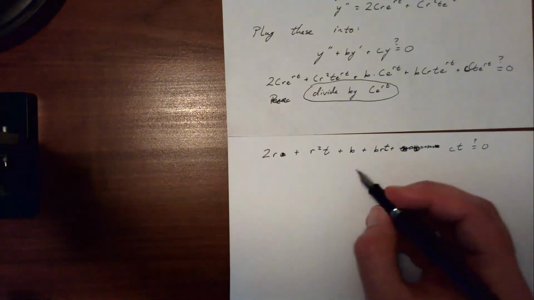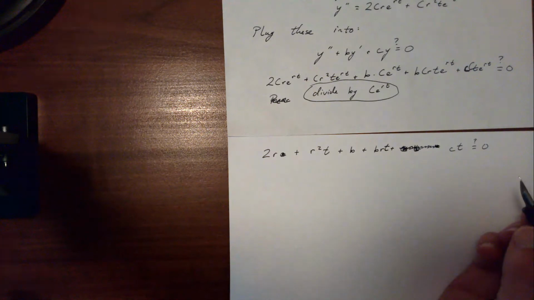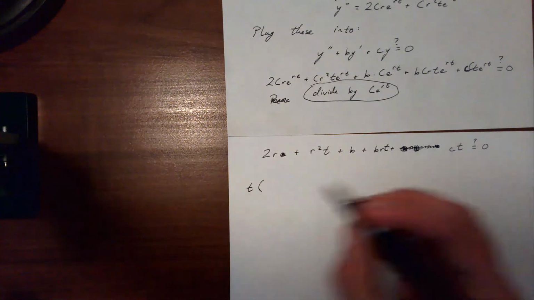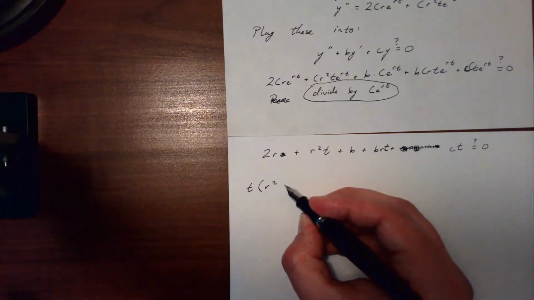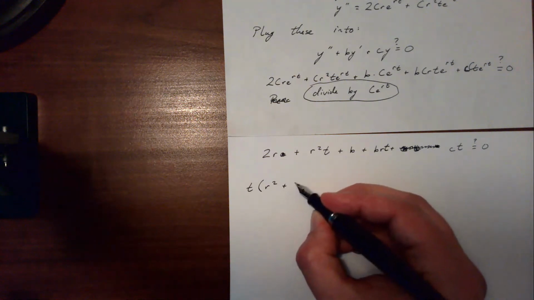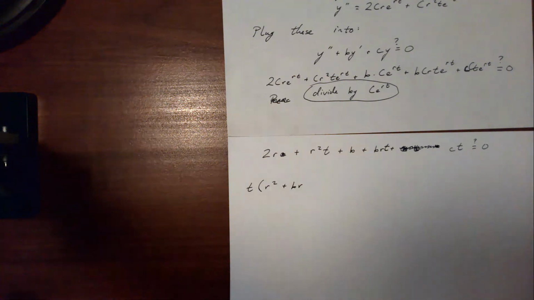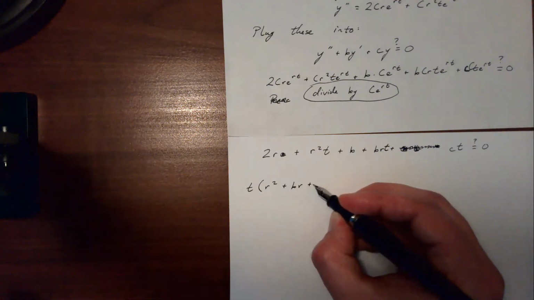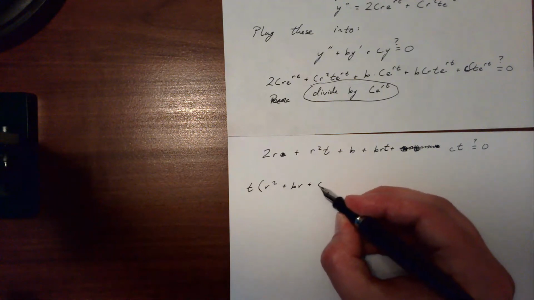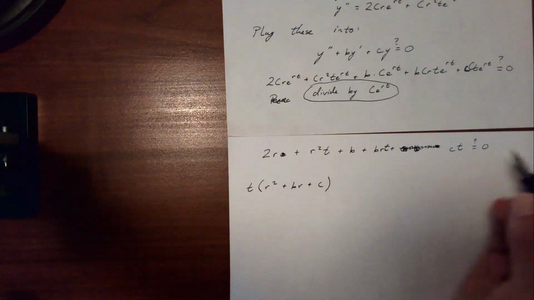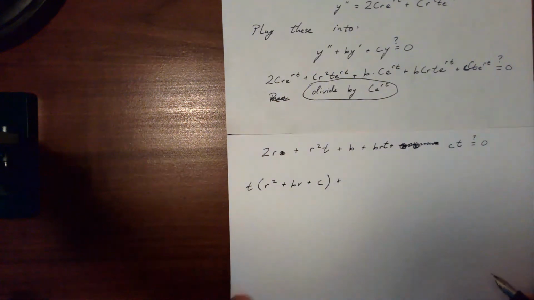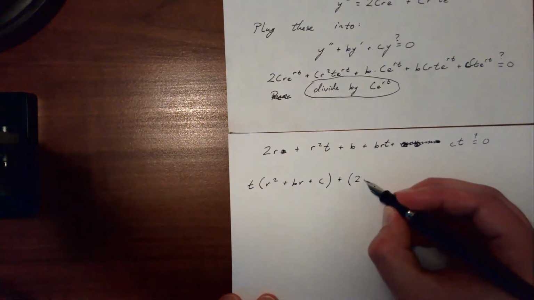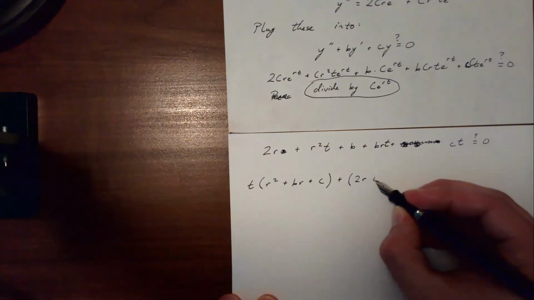So first off, if I take the terms that have the t and the terms that don't and separate those out, then I'll have just t times r squared plus br plus c, and then for the terms without the t, that's going to be 2r plus b.